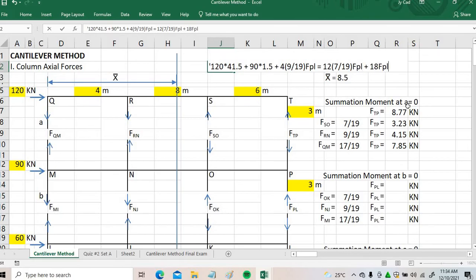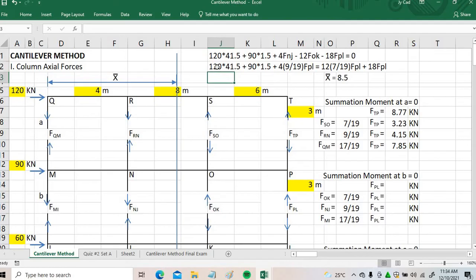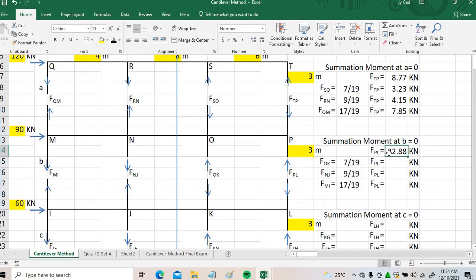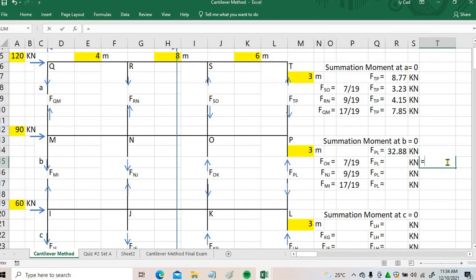And finally, FPL. So from this equation, iisa na lang ang ating unknown, which is FPL, which is equal to 32.88. And then, you multiply 32.88 by 7 all over 19 times 32.88. It will give you 12.1154. So let's check.